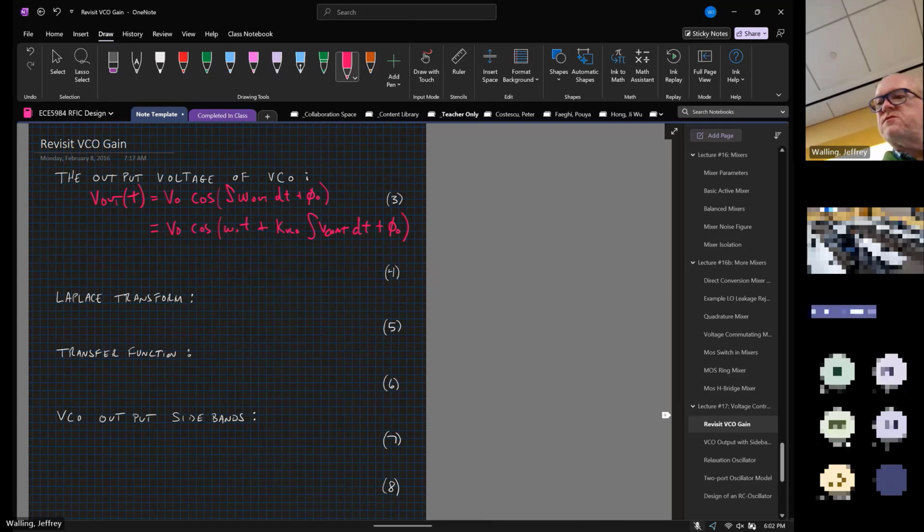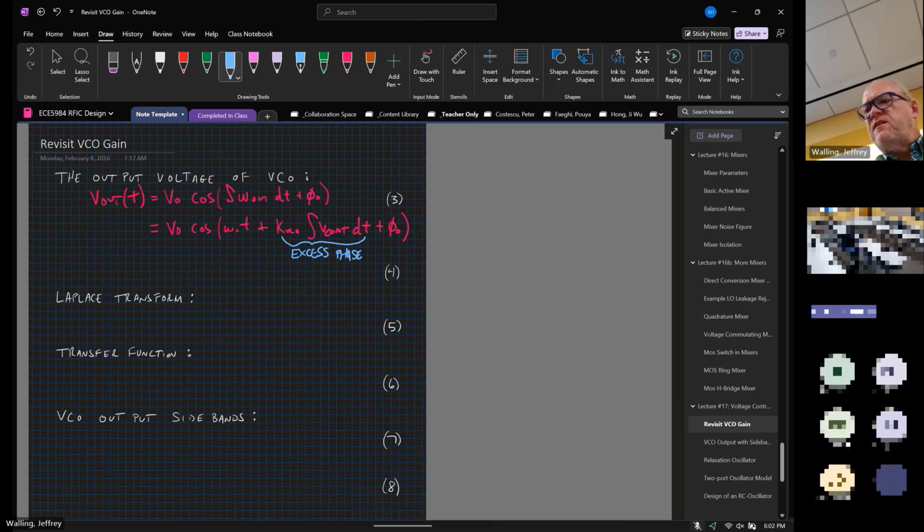And we call this term here the excess phase. So we're going to be accumulating phase at the oscillator's free running frequency at that rate, plus any additional control that we're applying to the VCO through the control voltage.